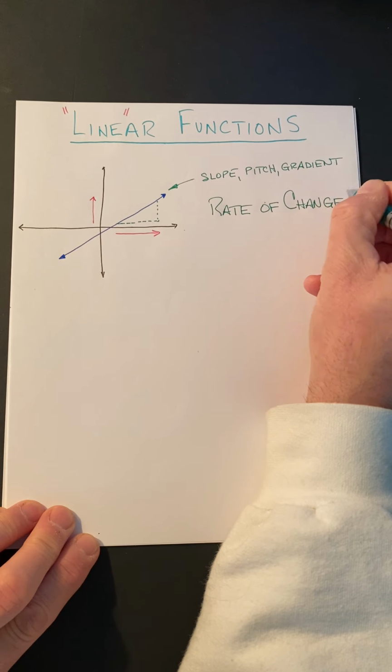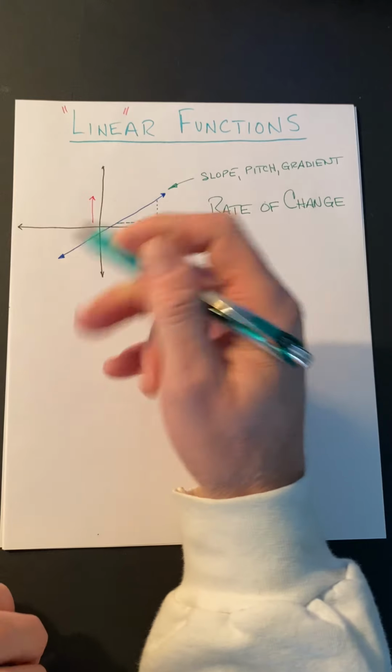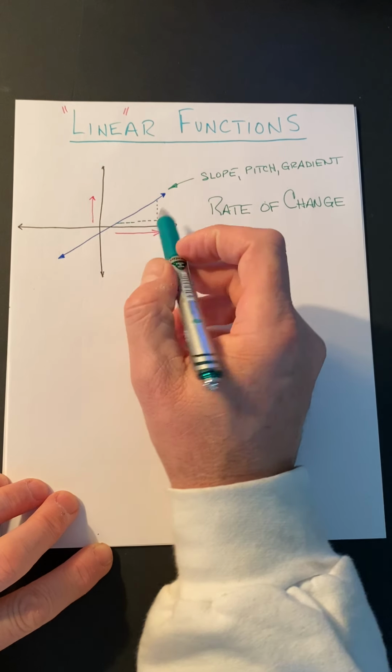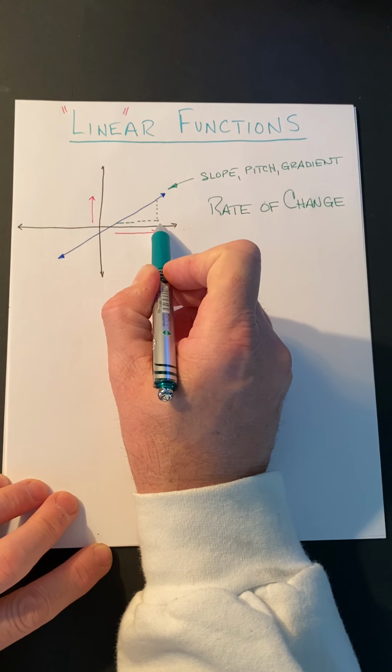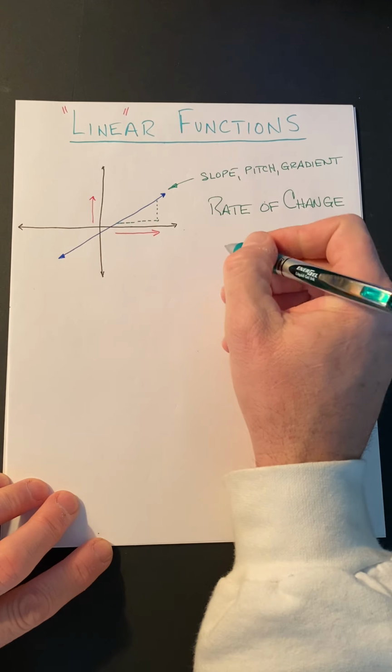So we're using a function and its graph to illustrate how an event is changing as it goes on, okay? So I know that as I move this distance to the positive x, I'm going to move this distance to the positive y.